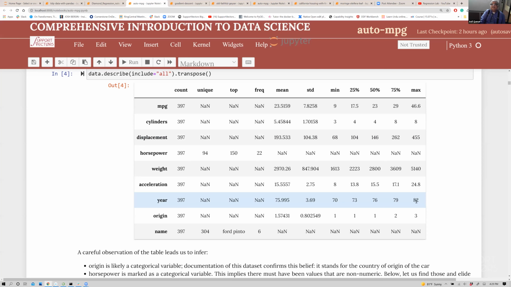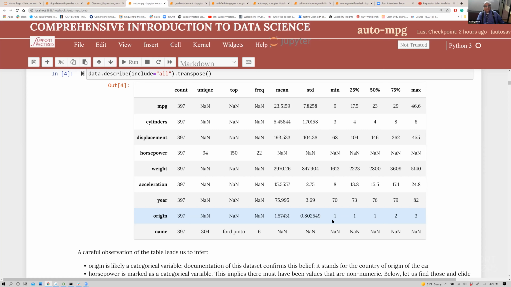So it is a study done over 12 years, over about 397 data points. Now, origin minimum and maximum values are 1 and 3. You can see that there are only 3 possible values, 1 to 3. Now, if you read the documentation behind this data set, go back to the original paper, it mentions that 1 stands for USA, 2 stands for Europe, and 3 stands for Japan.